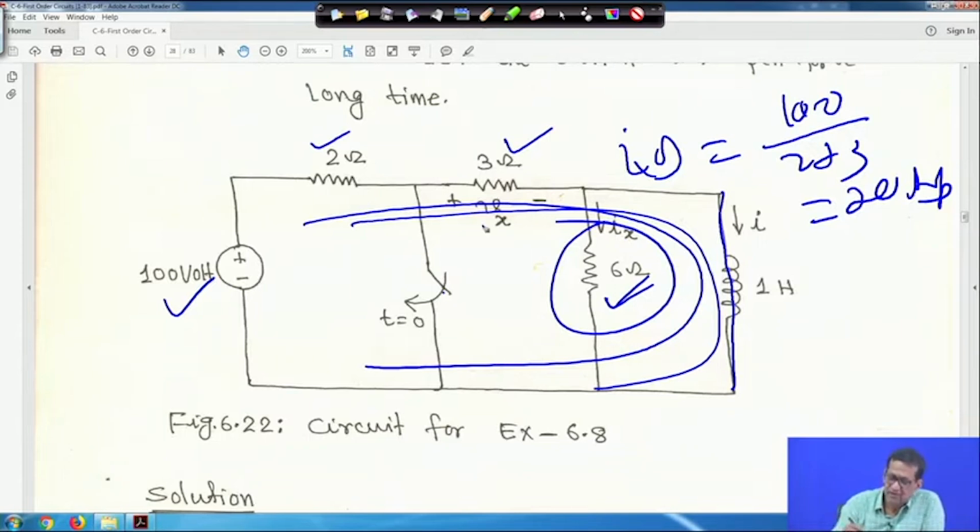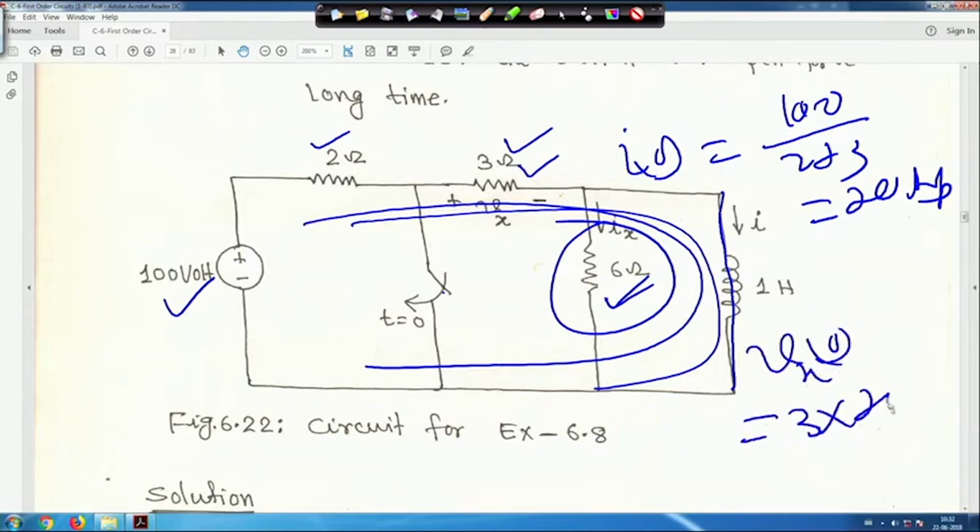If you want to find the initial voltage Vx(0), it will be 3 into 20, that is 60 volt, right.